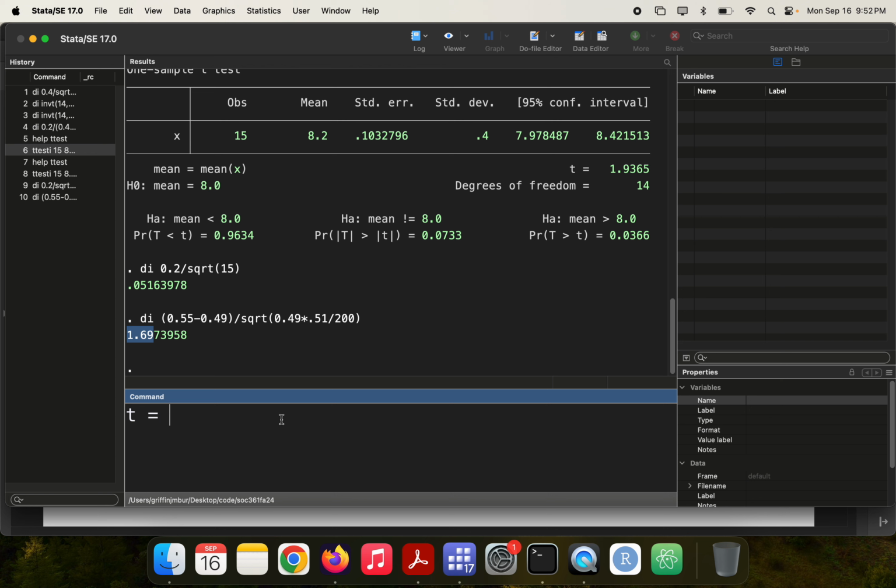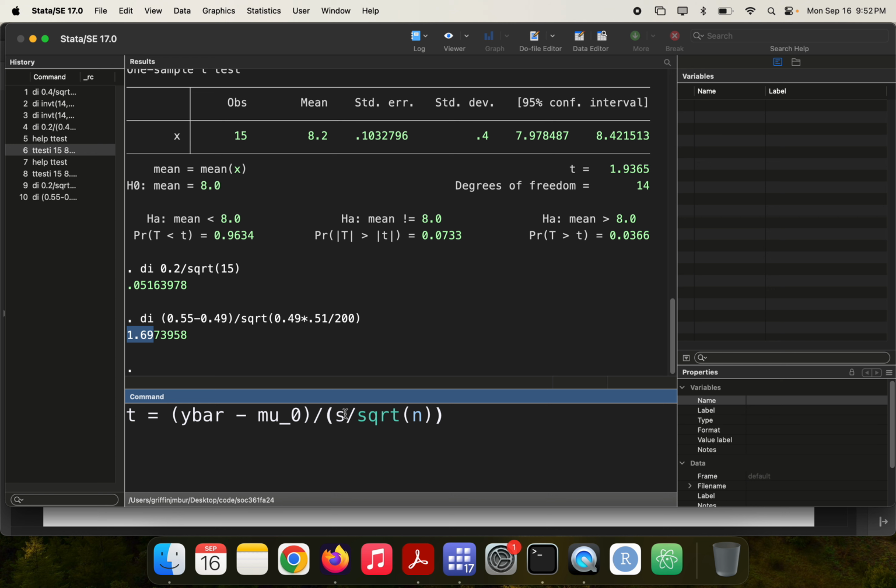So t, of course, is equal to (y bar minus mu naught) over (s over square root of n). So when you do this, basically, you've got a ratio of random variables. Remember that y bar is a random variable. It varies from sample to sample. And s is a random variable. It also varies from sample to sample.